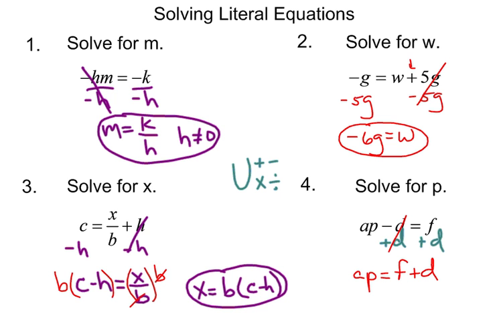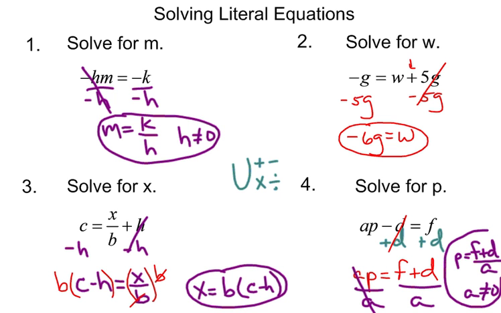Again, they are not like terms, so you are not able to simplify them. One last step to get p alone: we undo the multiplication by a by doing division by a. So our final answer is p equals the quantity f plus d, over a. And it's good to note that a can't be equal to 0 because there's no such thing as division by 0 anywhere in mathematics.